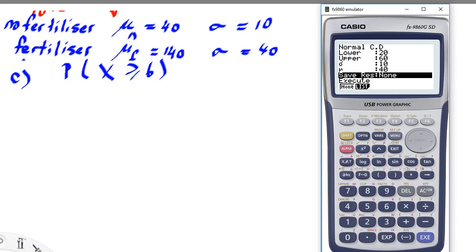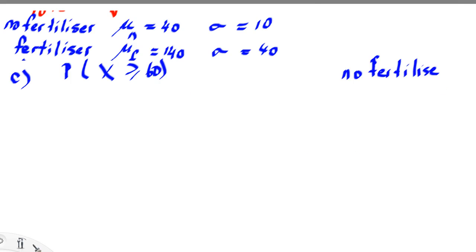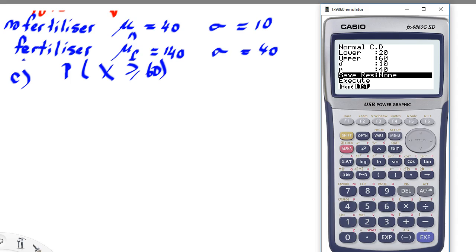So if I exit back, the range now is greater than or equal to 60. So the lower limit is 60. The upper limit is simply a very large number. So we'll do 1 exponent 99.